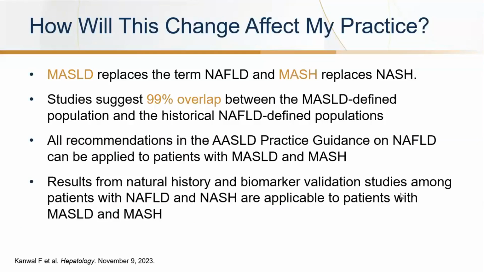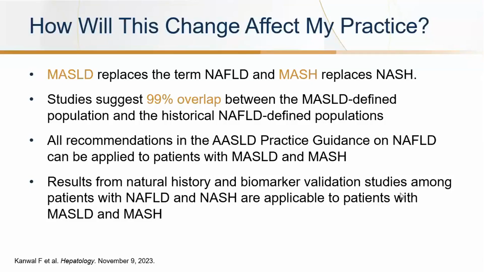So how will this affect your practice? The big thing is that MASLD replaces NAFLD, and MASH replaces NASH now. Just think that MASLD and MASH is, again, a little more descriptive. The big reason for that change is removing the stigmatizing language.